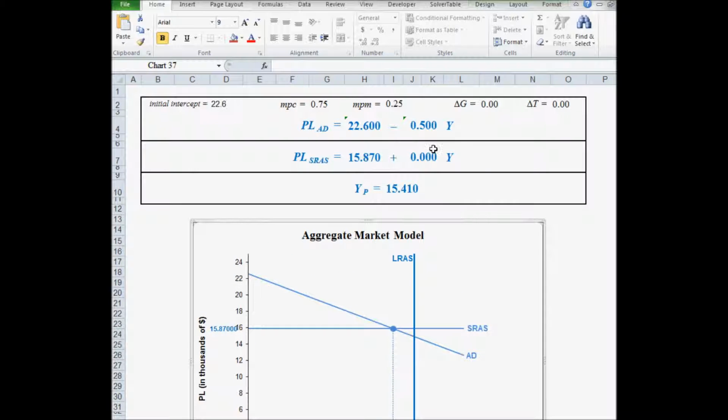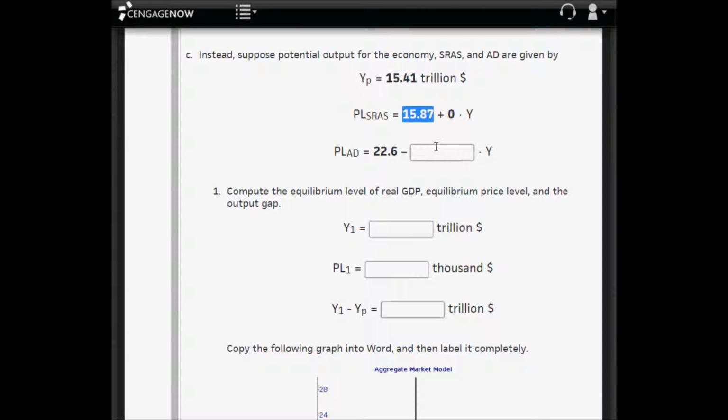The slope of aggregate demand is still 0.5 because the MPC is 0.75, which implies an MPS of 0.25. 0.25 plus 0.25 is 0.5. So initial GDP is 13.460. The equilibrium price level is equal to the intercept of short-run aggregate supply.